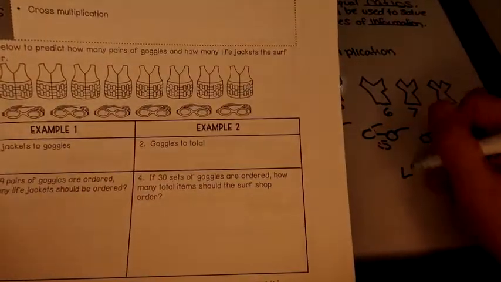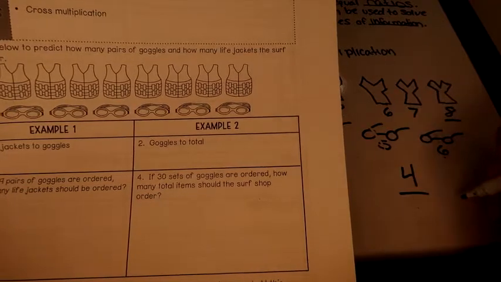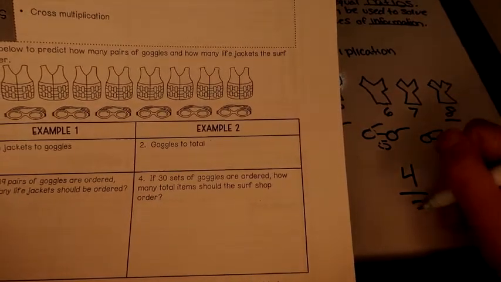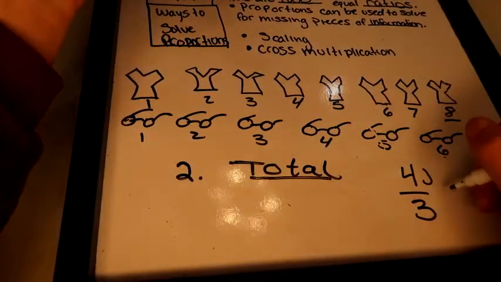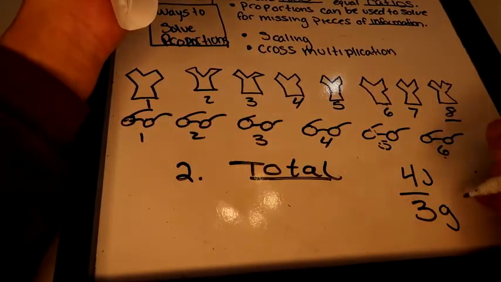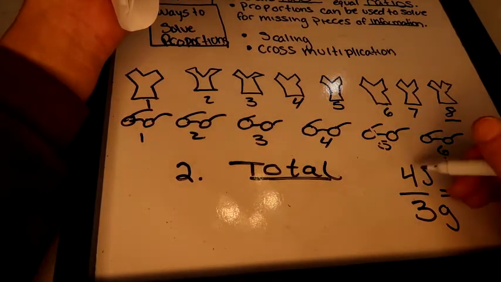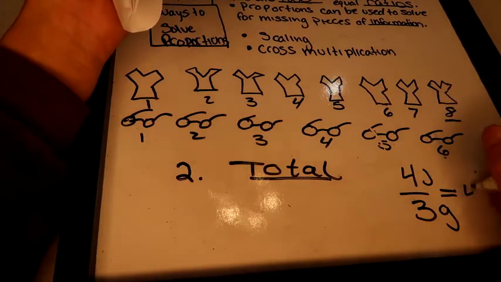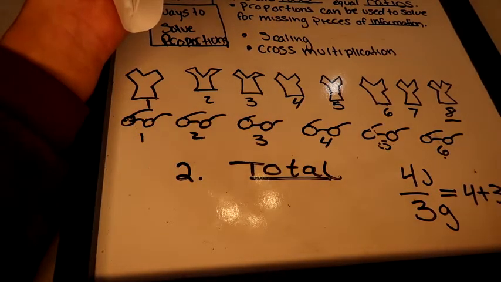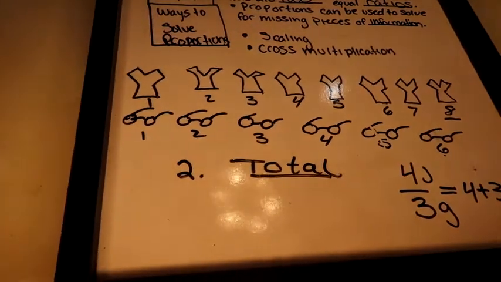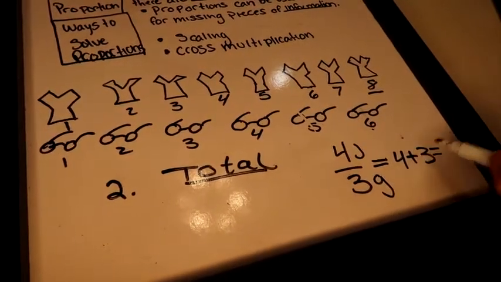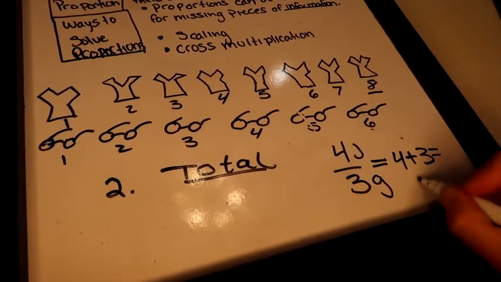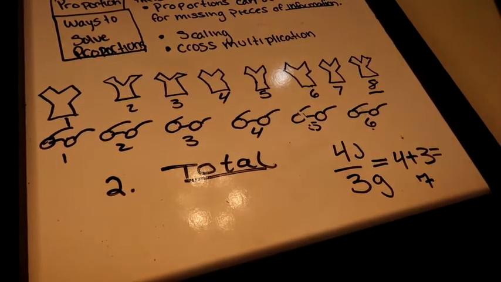Now remember, we have 4 over 3. So if we have 4 jackets and 3 goggles, what does 4 plus 3 equal? 4, 5, 6, 7. 7.